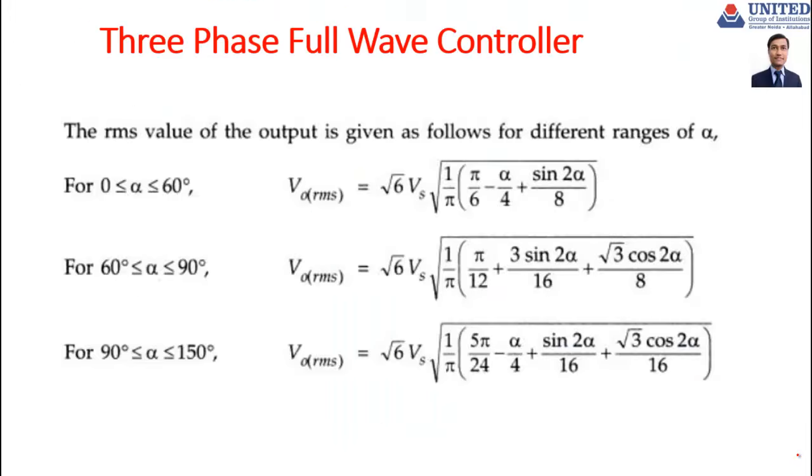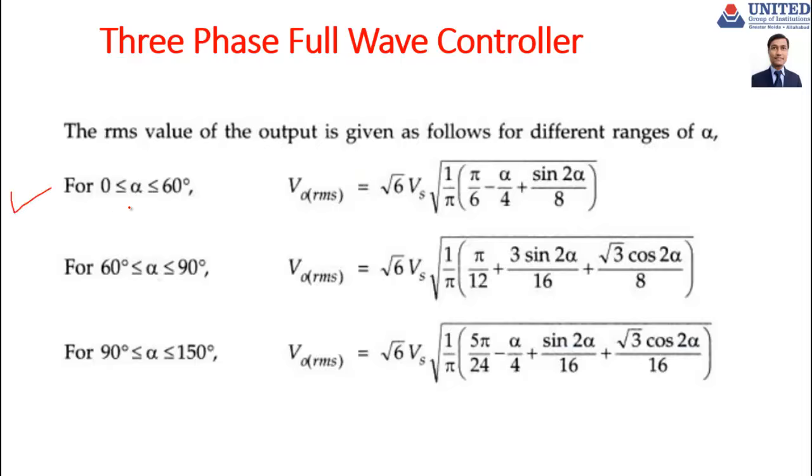Now let us see the RMS value of output voltage for different ranges of alpha. From the output voltage waveform, we see that there are three modes of operation.